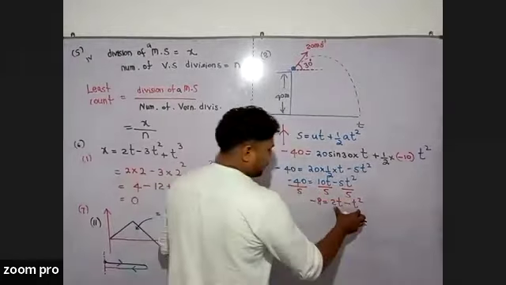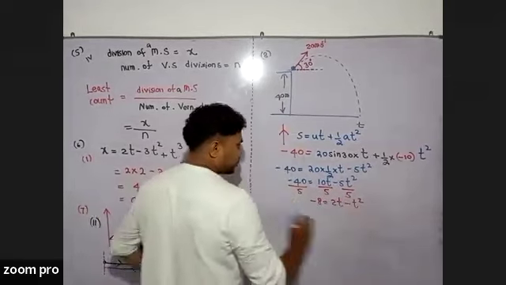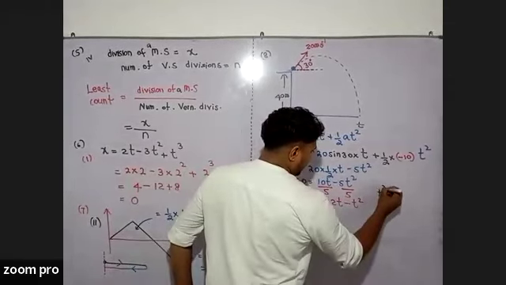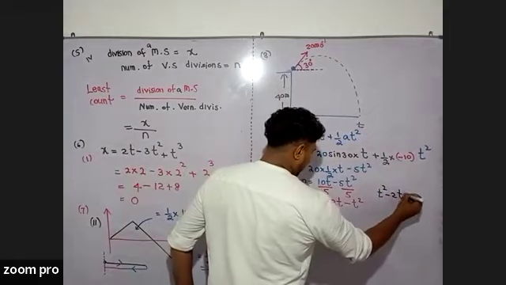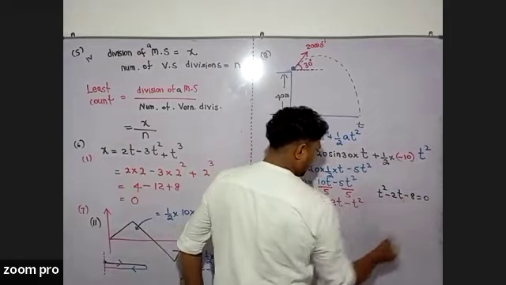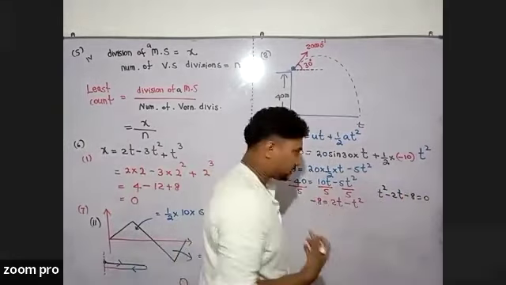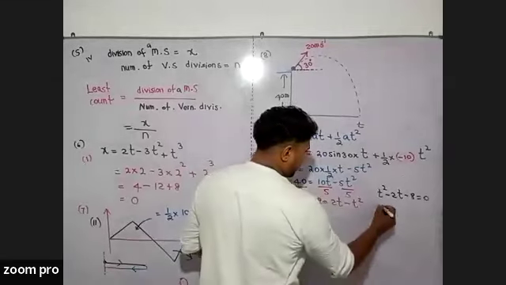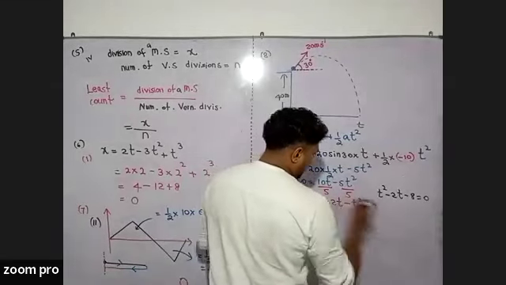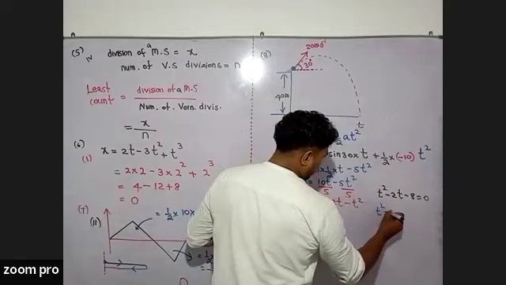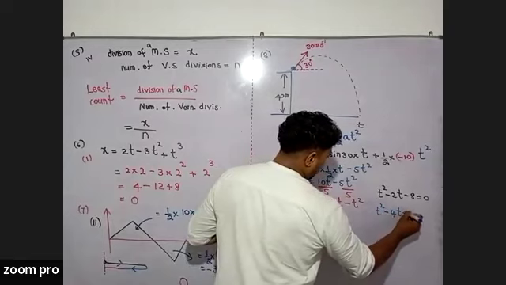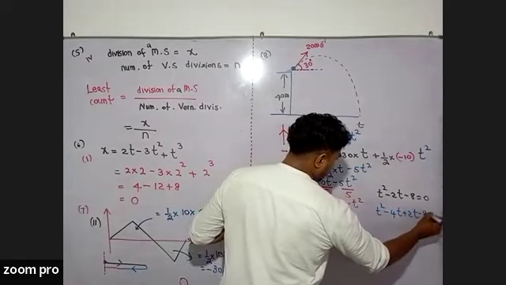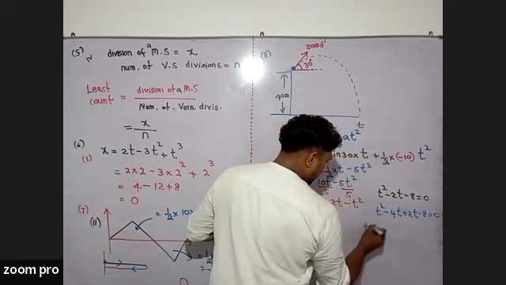So that's why I am taking these two terms to the opposite side. That means t squared minus 2t minus 8 equals 0. If we obtain the factors of this expression, it should be t squared minus 4t plus 2t minus 8 equals 0.